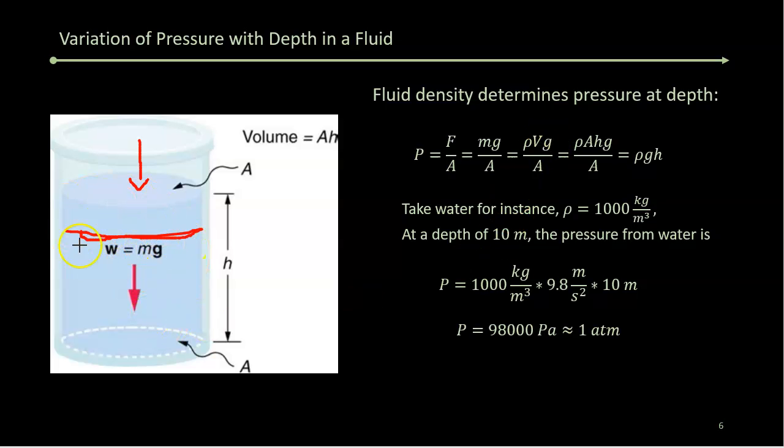And then when you look at what your volume is, well, here we have a regular cylinder, so we don't worry about the change in shape. So the volume is that area times whatever height you have. And the area gets canceled out, regular cylinder. And so rho g h is your pressure at depth in the water.